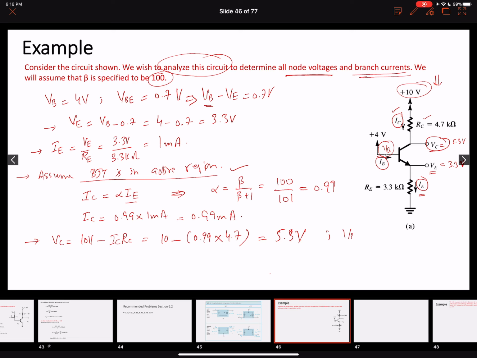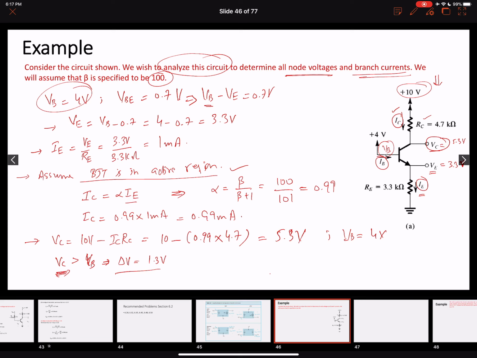And what is our base voltage? The voltage of the base terminal is 4 volts. So now our collector voltage is greater than the base voltage, and by how much? Delta V is 5.3 minus 4, 1.3 volts. So our collector terminal is at a 1.3 volts higher potential as compared to the base terminal.